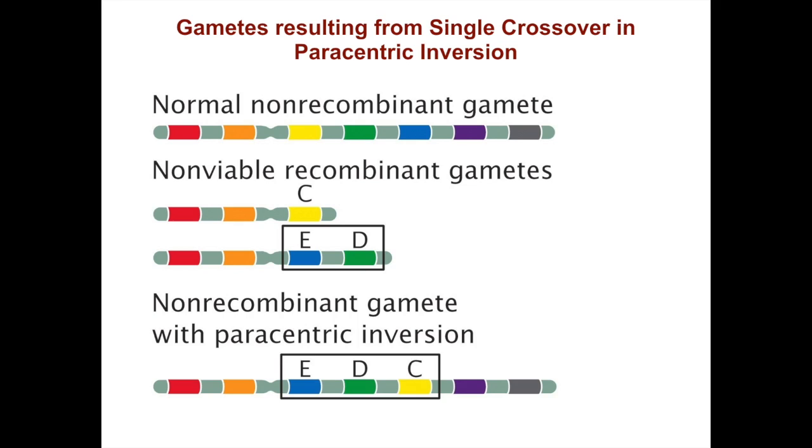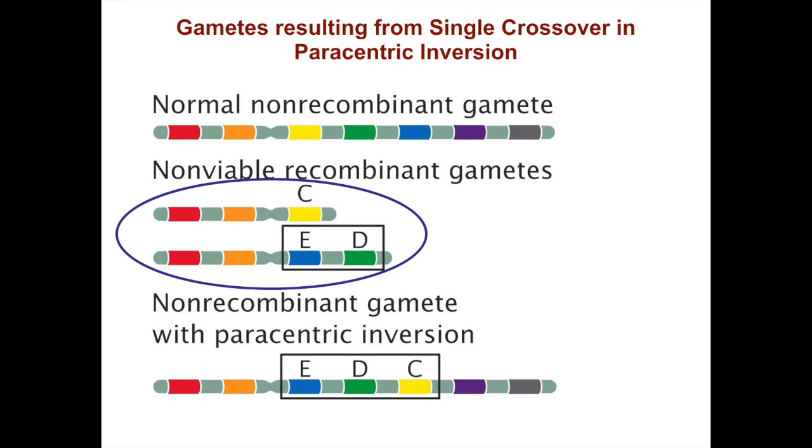So you get different types of gametes resulting from a single crossover during paracentric inversion. You get the normal non-recombinant gametes, and you also get non-recombinant gametes with paracentric inversions. But these are both viable because you have the full complement of genes.